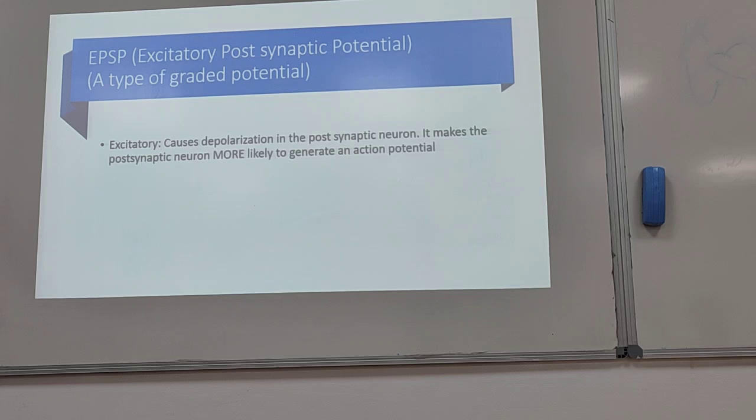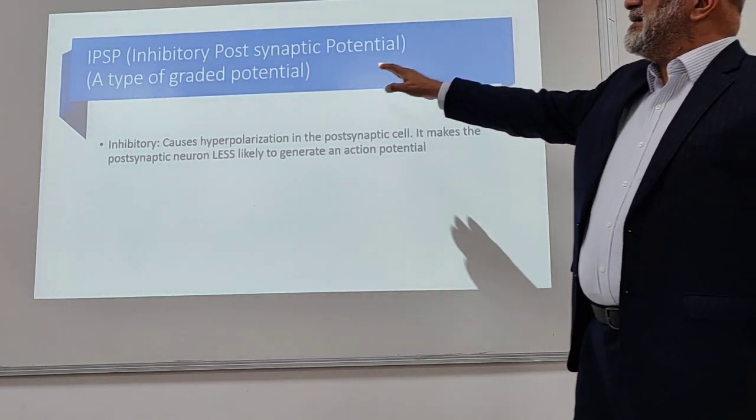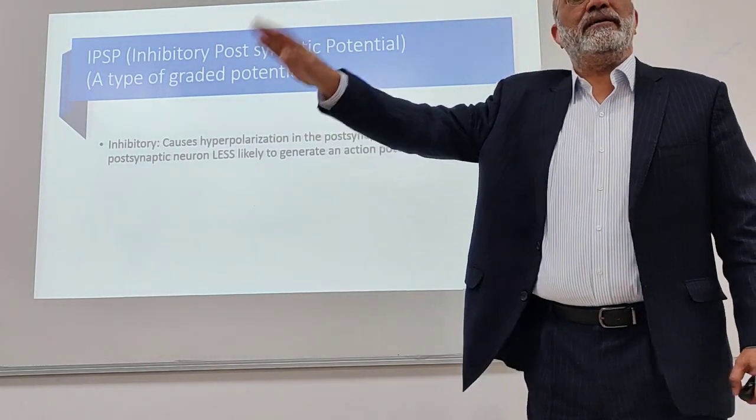That is, the first neuron sent the neurotransmitter which made the second neuron active or excited. I will come back to this. First we see this. Now what is the name? Inhibitory postsynaptic potential. That is, the first neuron made the second neuron inhibited.